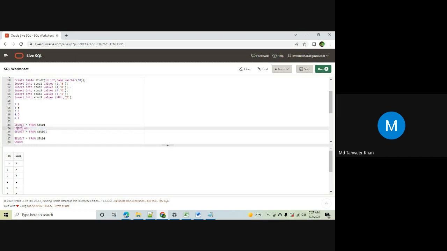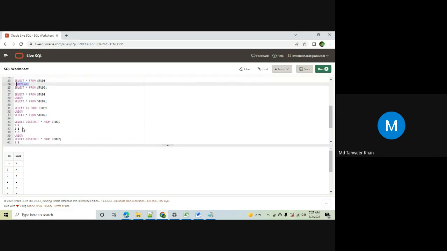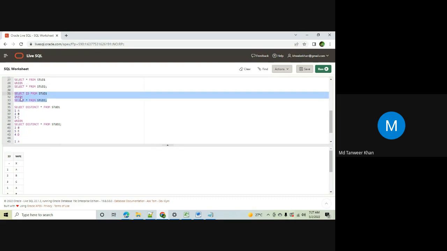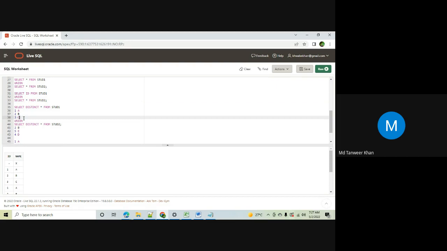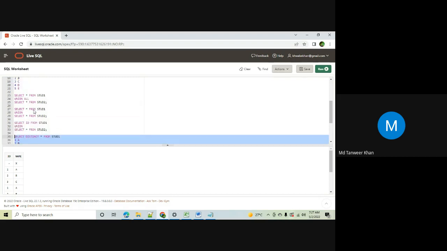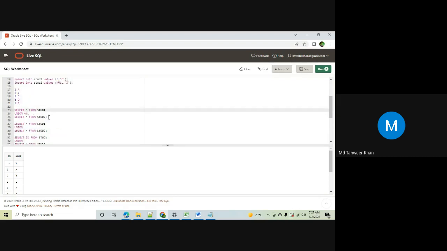When I was teaching union, I told you that it is converted into this query, it finds a distinct, and then on top of that distinct data, it again finds a distinct. There are two steps here. That is why I told you that two filters apply. But in union all, nothing happens.